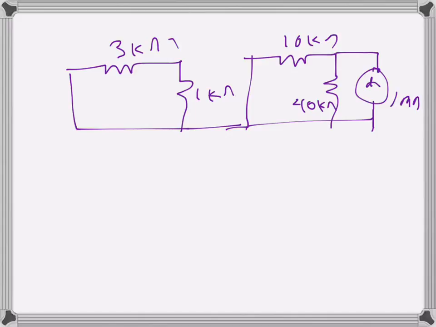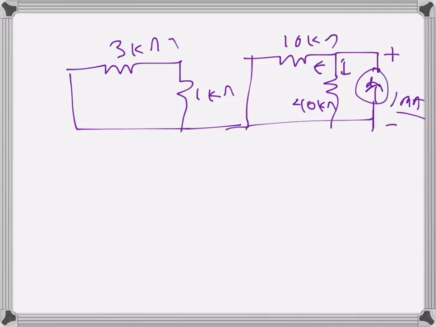So we have a current source here, and the current will be divided between two branches, 40 and 10. In order to find the resistance, we need to find the voltage drop here. Once we find that, we will divide the voltage by the 1 milliamp current and we will get the resistance.